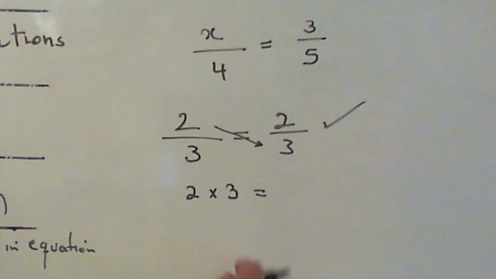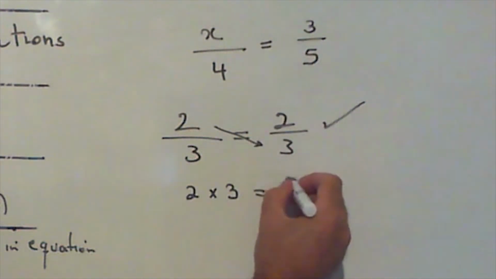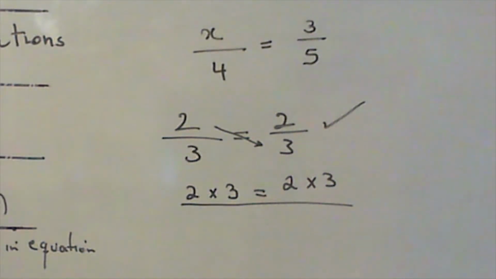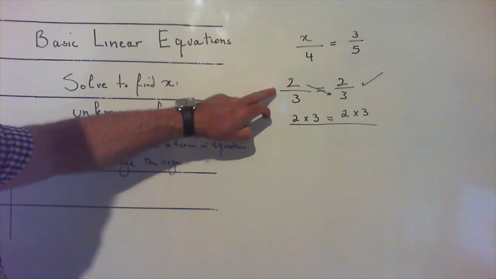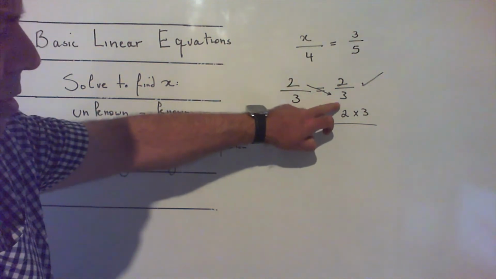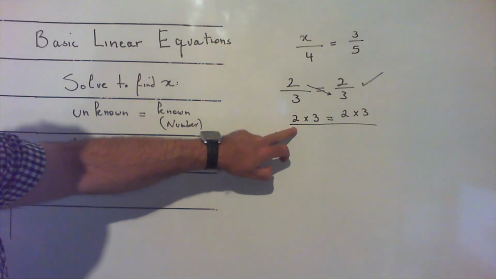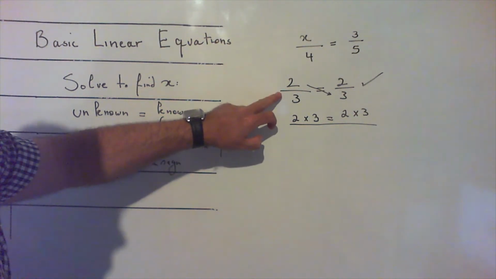Then I have the equation sign. Equation sign doesn't go away. Then I have the other side also, 2 times 3. By multiplying numerator by denominator, and also denominator by numerator, I've got rid of my fractions.